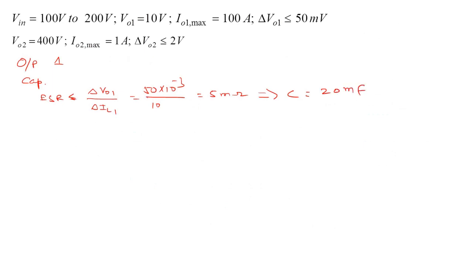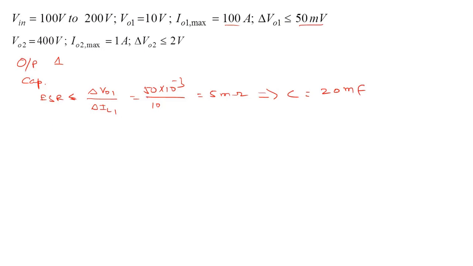The reason why it is so big is the fairly stringent requirement on the delta VO, just 50 millivolts, and the fact that the current is really high, 100 amperes. So anyway, this is probably going to be the dominating requirement.